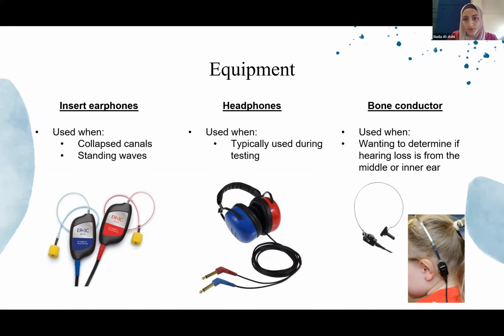There's also a bone conductor that we may use during some testing. As in the image, the bone conductor sits behind the ear on the mastoid bone, and it is used to determine if the hearing loss is originating from the middle ear or if it's more to do with the inner ear.